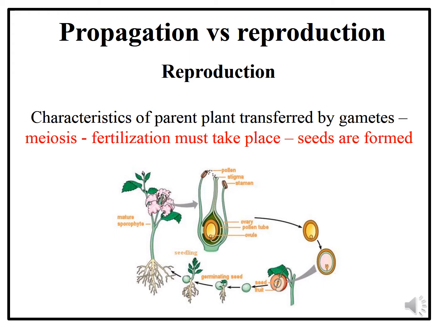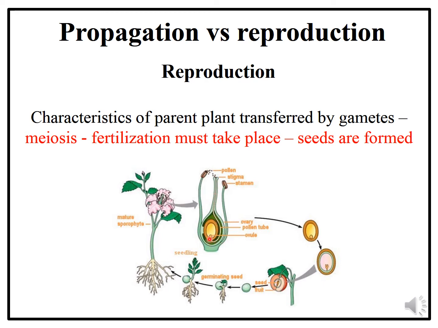So if we look at this picture down below, hopefully you recognize this from the last part of chapter 3 that dealt with fertilization and pollination. Pollination, firstly, the pollen lands on the stigma of the pistil. The pollen germinates. The pollen tube grows down in the style until it reaches the ovary.